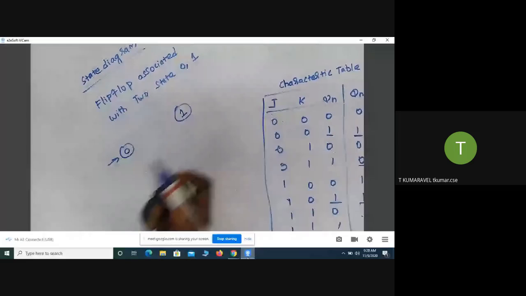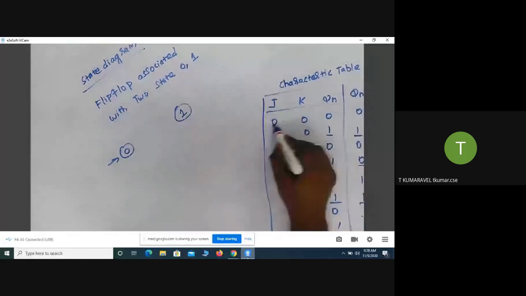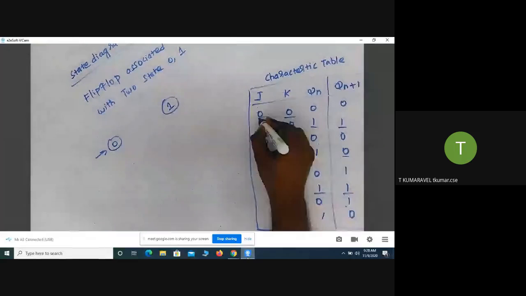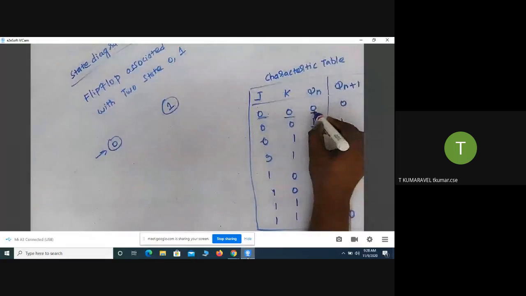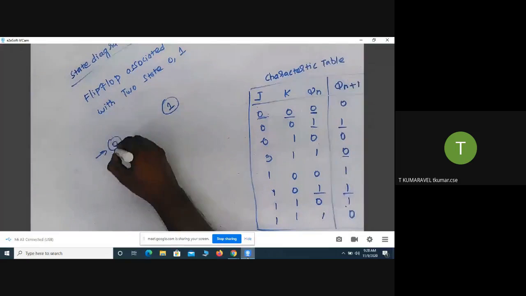For example, I'm taking the input combination 0 0, and I'm currently in the 0 state. Suppose I provide input 0 0, what is the output? The output is that you retain the same state.